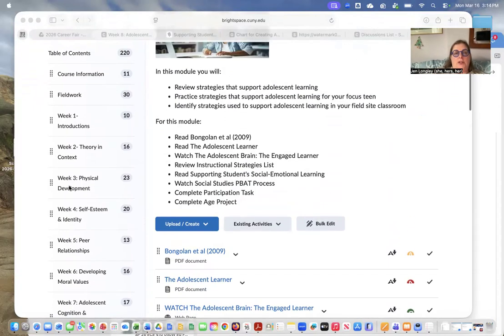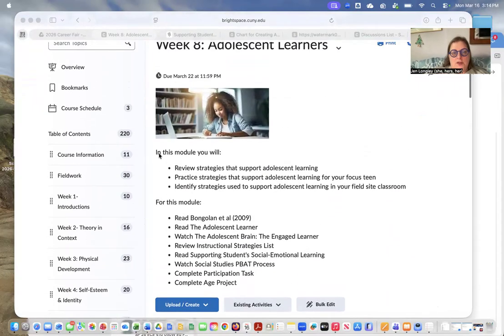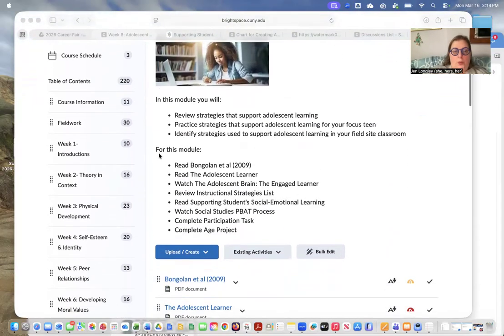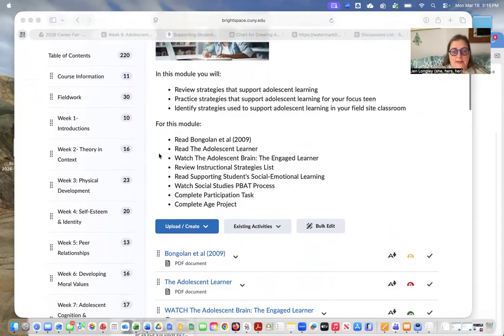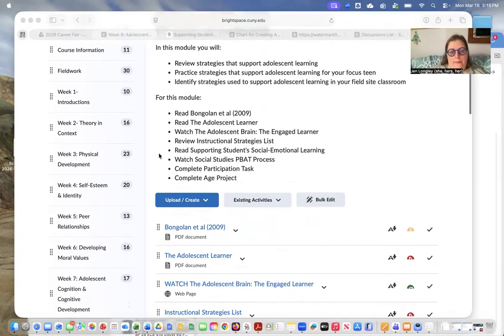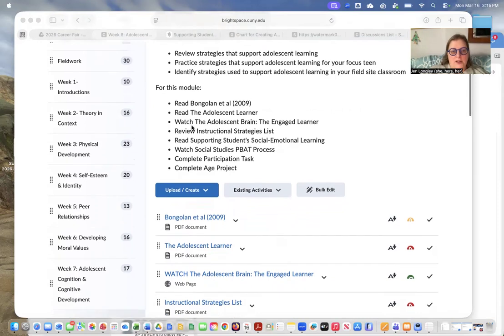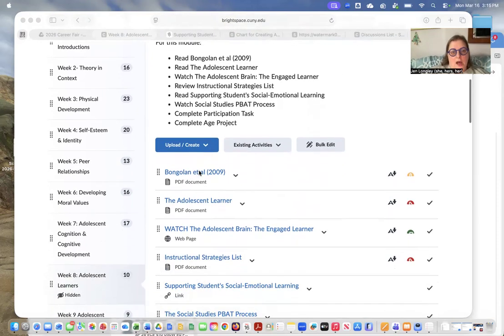Now we're going to look at how we can apply those strategies into learning spaces to support adolescence. We're going to look specifically at some strategies to engage adolescent learners, which are different than strategies to engage younger students. These are strategies that are specific to adolescents.